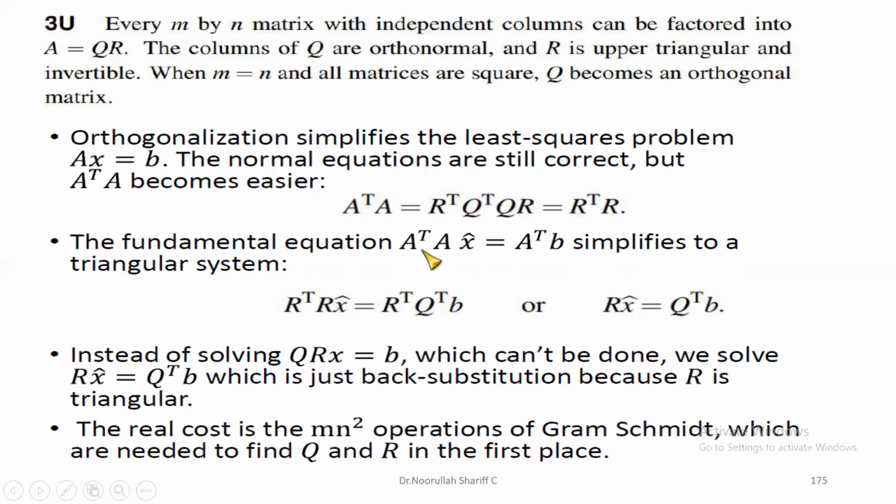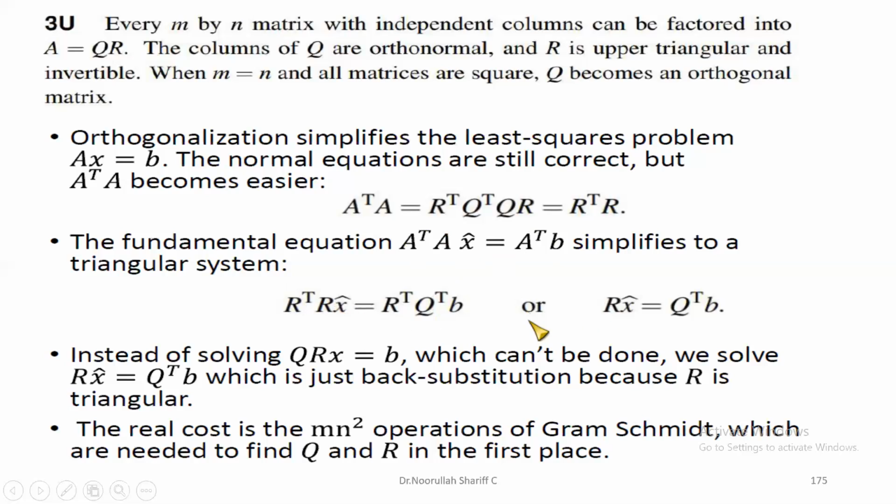The fundamental equation A transpose A x hat is equal to A transpose B simplifies to a triangular system, which is R transpose R x hat equal to R transpose Q transpose B. So A transpose is nothing but R transpose Q transpose. A transpose A we have written here as R transpose R, and that is what is written over here.